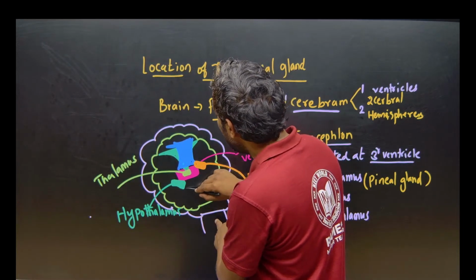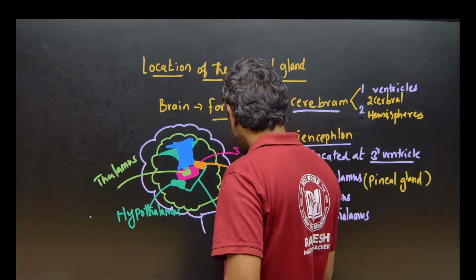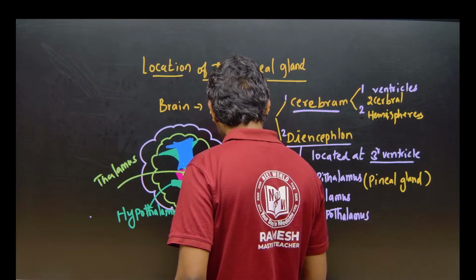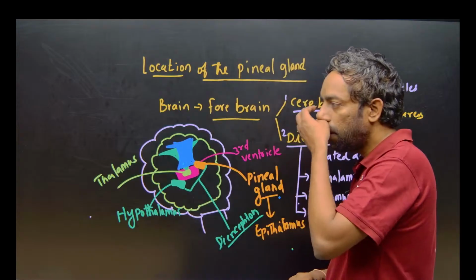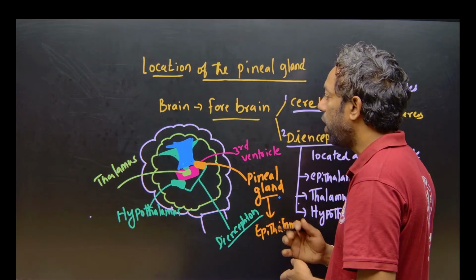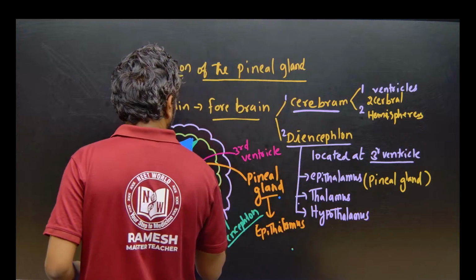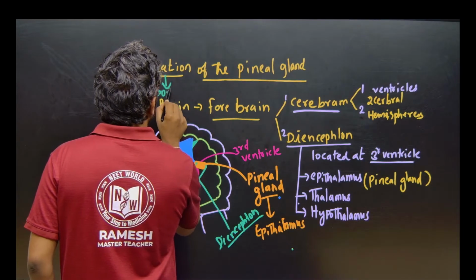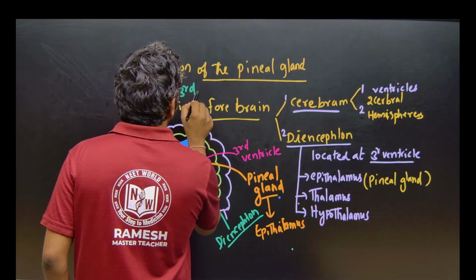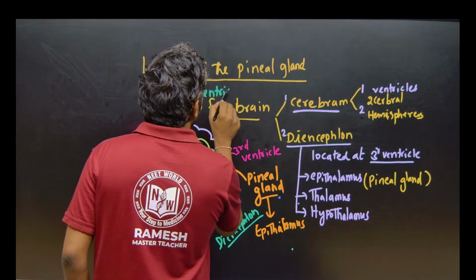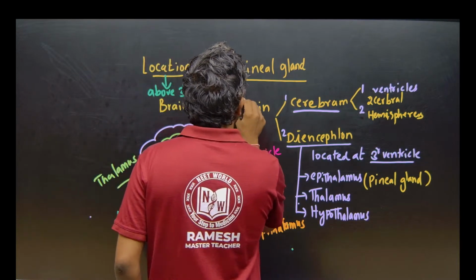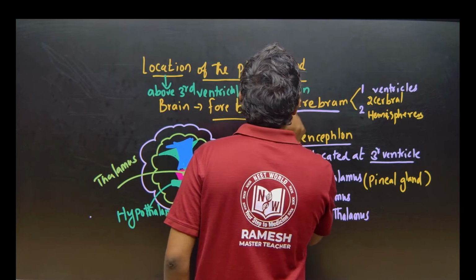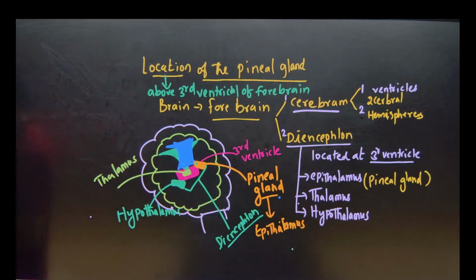Epithalamus, thalamus and hypothalamus, these three we call the diencephalon. I hope you understand this. The location of the pineal gland is above the third ventricle of the forebrain, in the diencephalon.